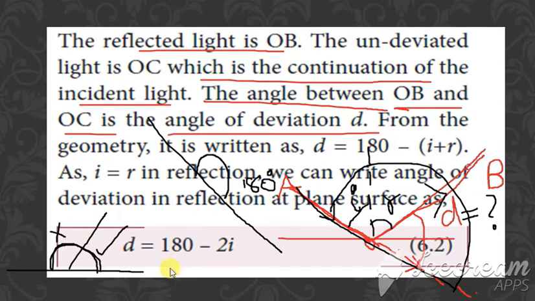The full value is 180 degrees, minus the value we have here, which is I and R. We write this as I plus R, because we have to add them. So the full value minus this value is 180 minus (I plus R).